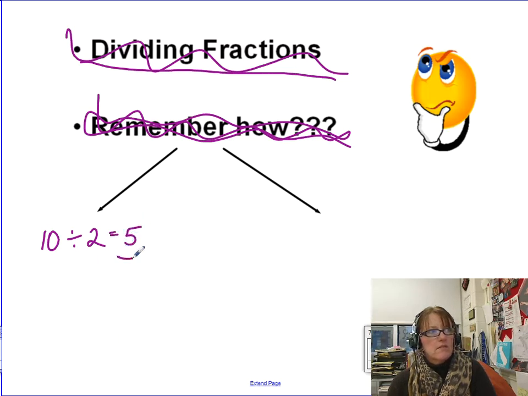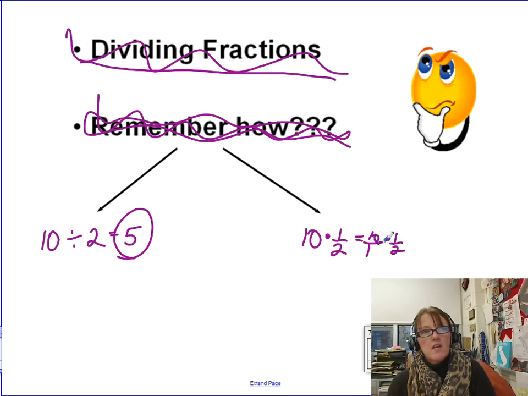And then if I start with 10 and want to take half of 10, what's 10 times 1/2? You'd say, we've been doing multiplying fractions for days as review, so I know I have to do it this way. And I'm going to simplify, and I get 5.